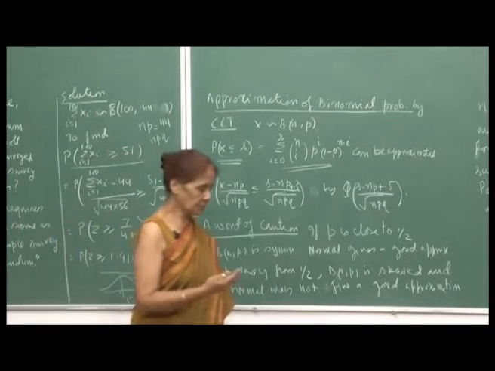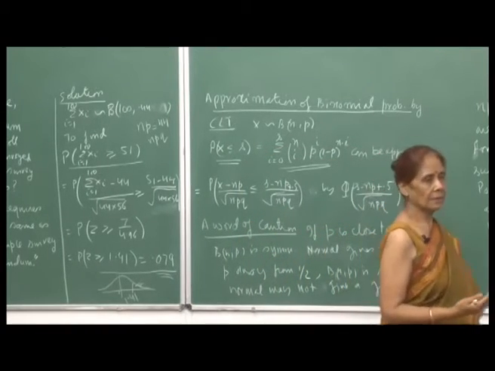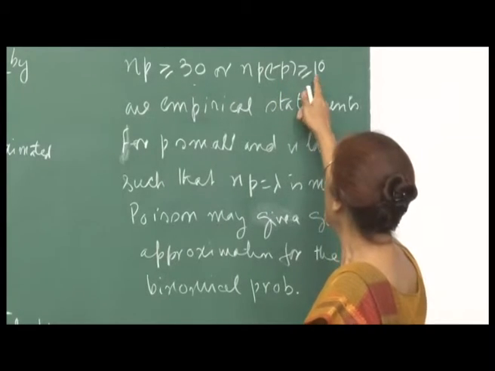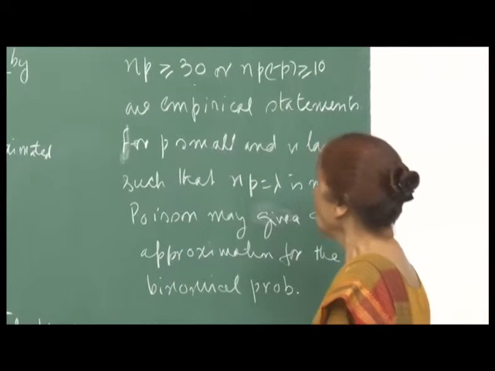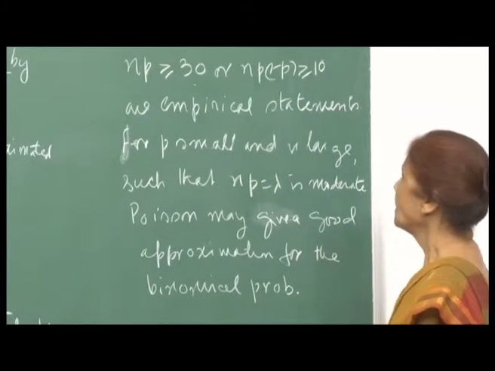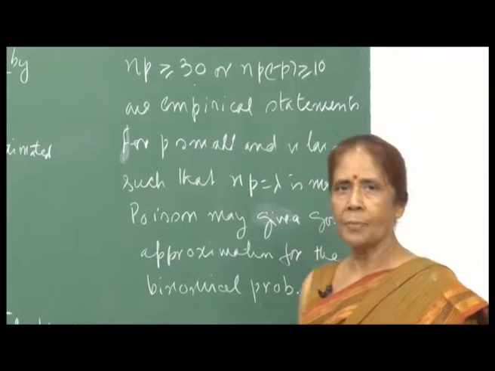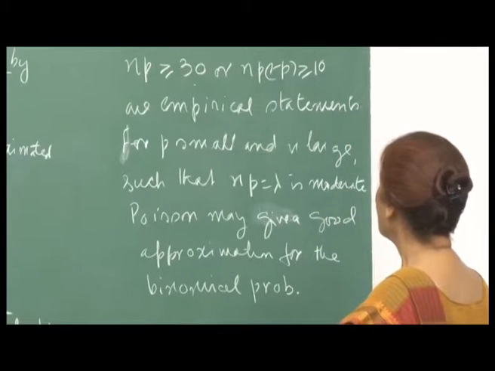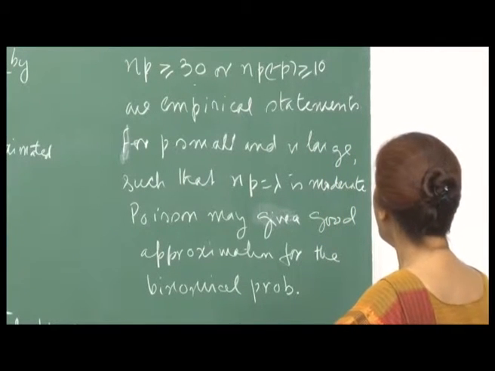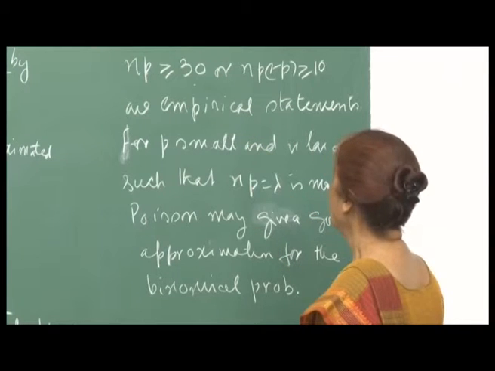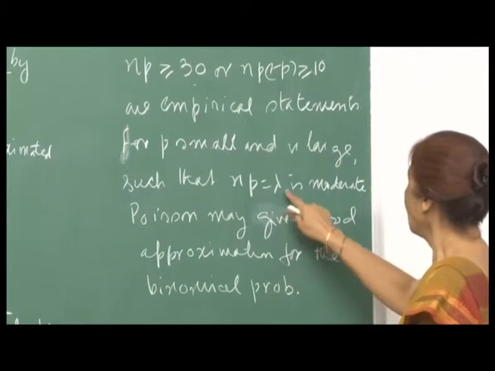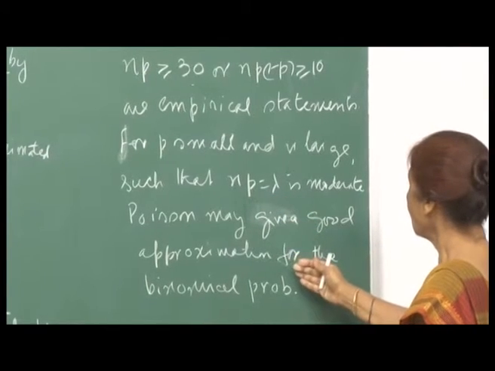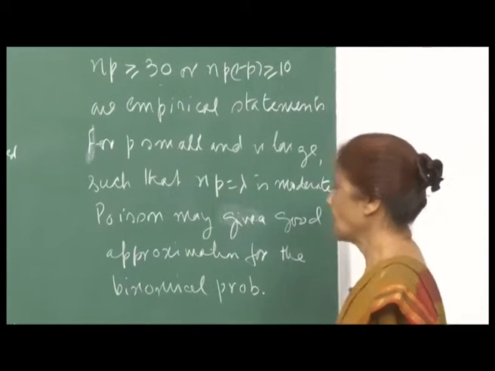In some cases, when you have np greater than or equal to 30 or np(1 minus p) greater than or equal to 10, you may get good approximations, but it cannot be said that this will happen all the time, because symmetry certainly plays a role. For p small and n large such that np equals lambda is moderate, the Poisson approximation may be a good one.